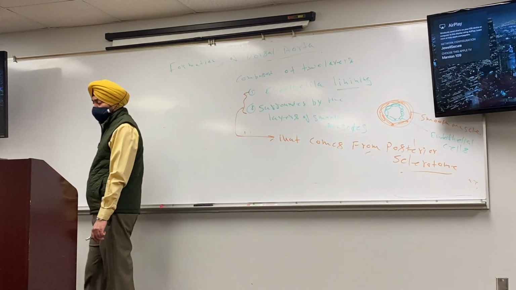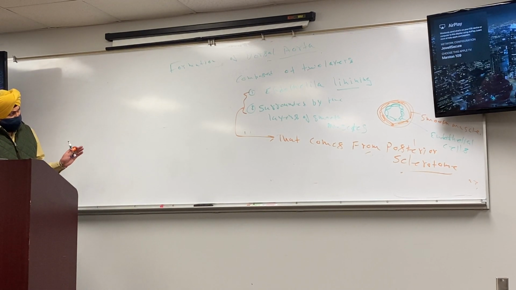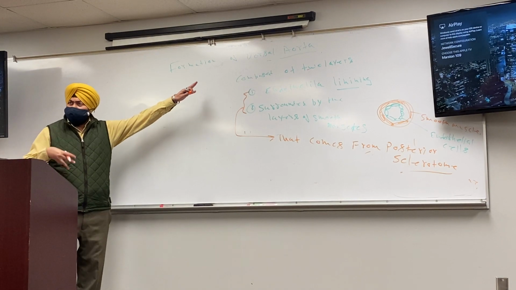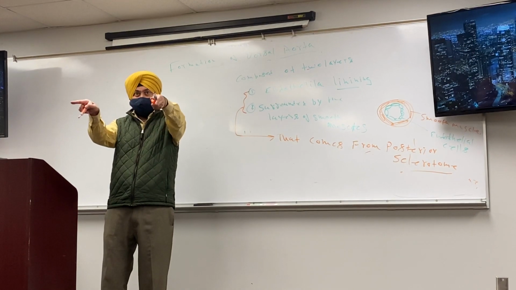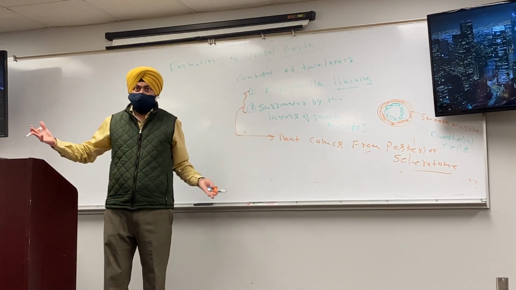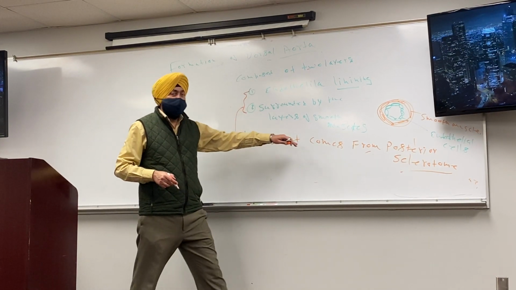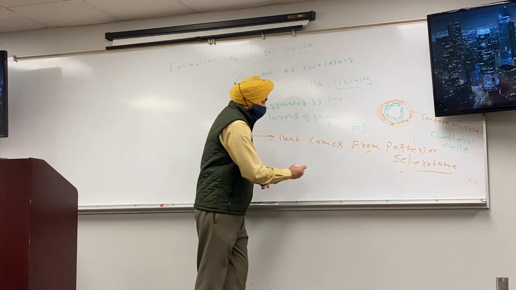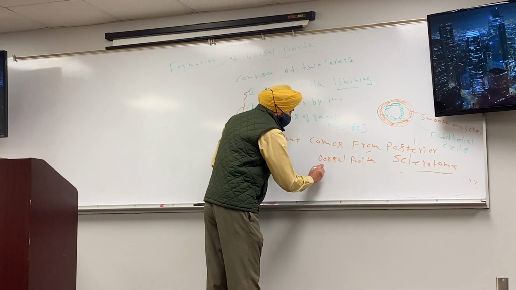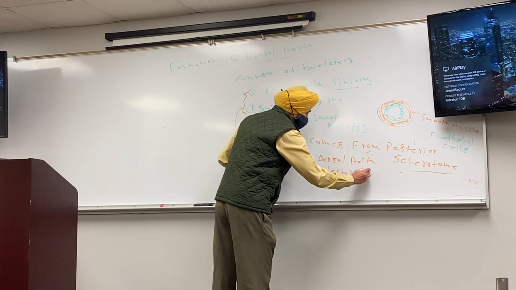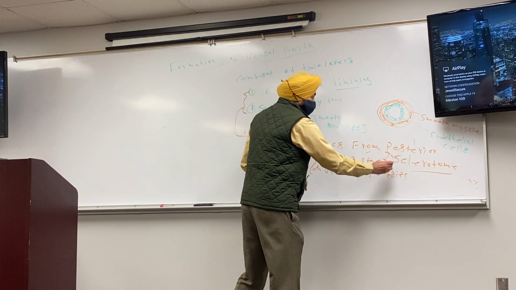Now, this blood vessel is under the vertebrae, but some blood vessels also go inside the vertebrae because you have to provide blood to the spinal cord also, right? Their lining is also provided by the posterior sclerotome. So both the dorsal aorta and the vertebral arteries are from the posterior sclerotome.